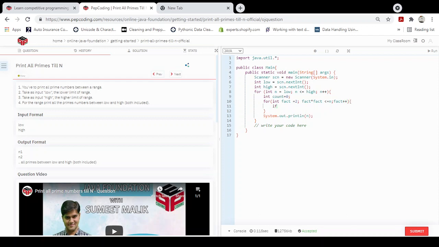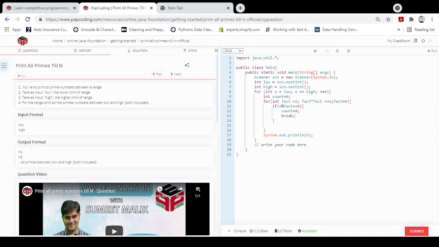Now same as the previous problem, if n mod fact equals 0, then we need to increase the count by 1, count plus plus, and then we need to break out, because we don't need to further check for other factors.